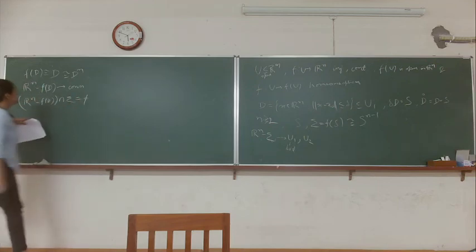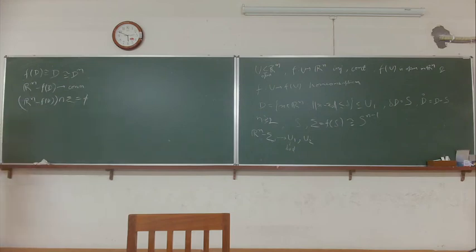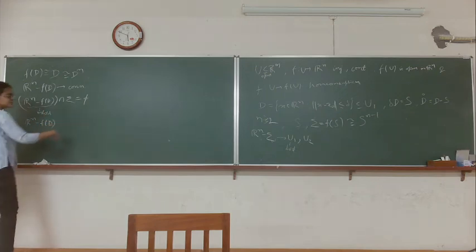So being connected, Rn minus F(D) has to be contained in either U1 or U2. F(D) is compact because we have the homeomorphism from D to F(D). So being compact, it is bounded, so Rn minus F(D) is unbounded.